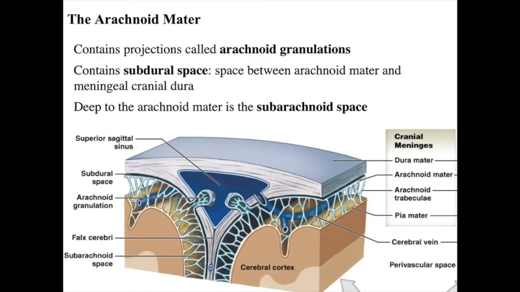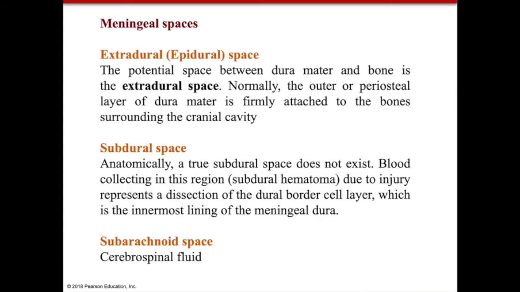You see an actual space between the dura and the arachnoid. Likewise, there is an actual space between the arachnoid and the pia. But there is no actual space between the dura and the periosteum. This is what we call a potential space, which will be visible if there is, for example, an accumulation of blood.